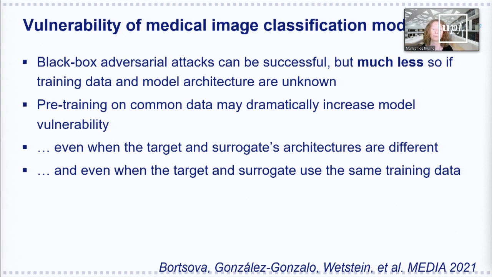So the takeaway is, in many cases, your images will not be easy to tamper with, and vulnerability to adversarial attacks will not be a problem. In cases where adversarial attacks should be considered, it may be useful to not disclose model parameters exactly, and to not rely solely on pre-training or on training on large public datasets.